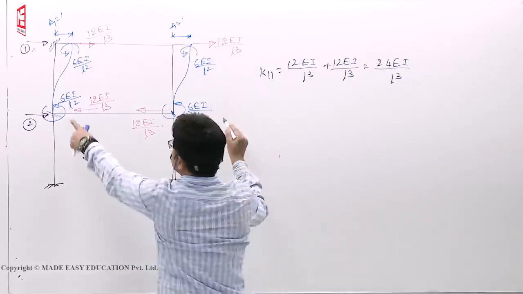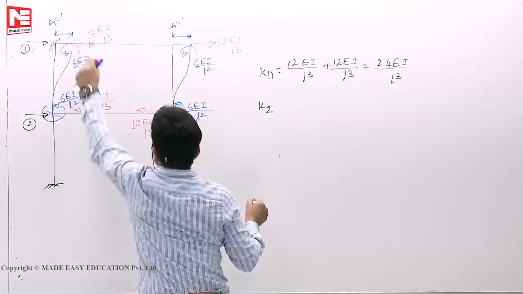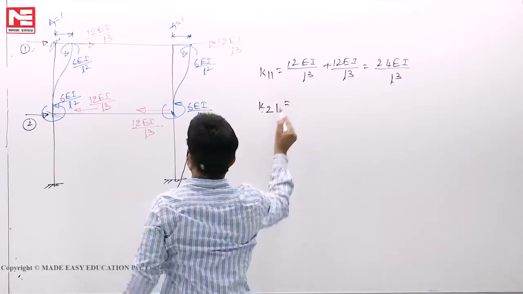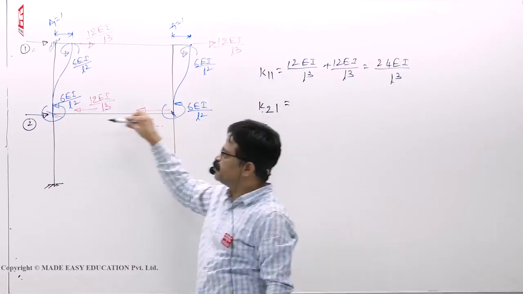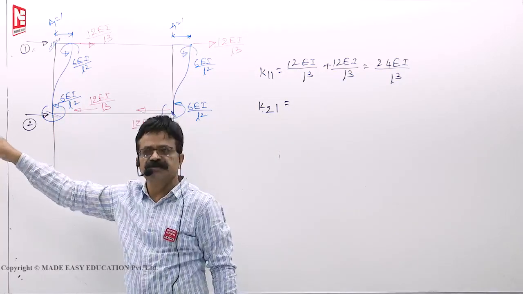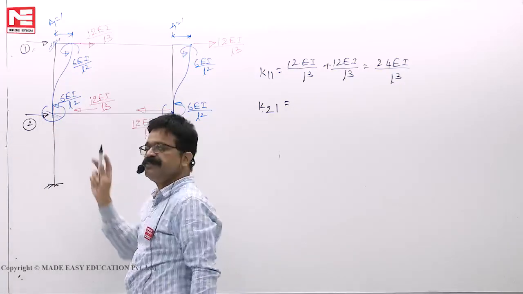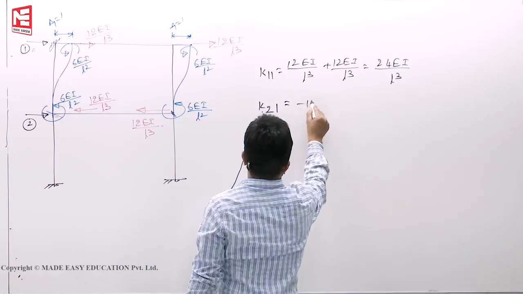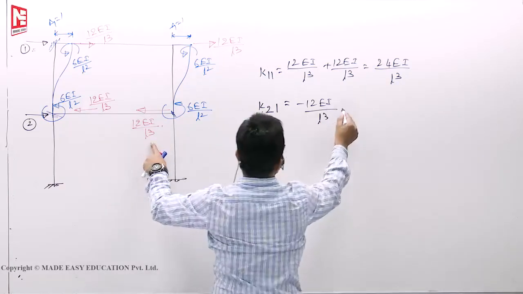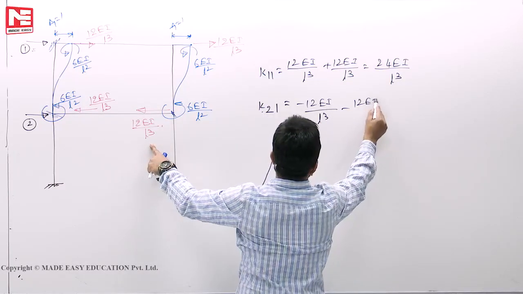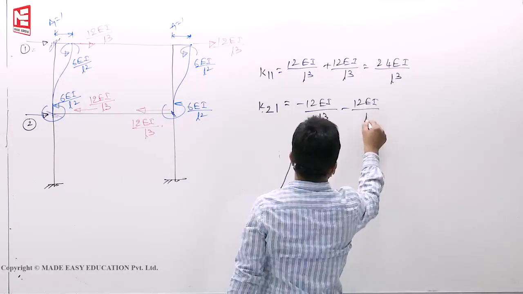Now K21, the force developed at 2 because of that unit displacement. Now you see coordinate 2 is right side, but the displacement is left side. That means coordinate 2 is right side, but the force is left side. So you have to take it as negative. Minus 12 EI by L cube. This also minus. Why we are adding is this automatically develops at the coordinate 2 location.